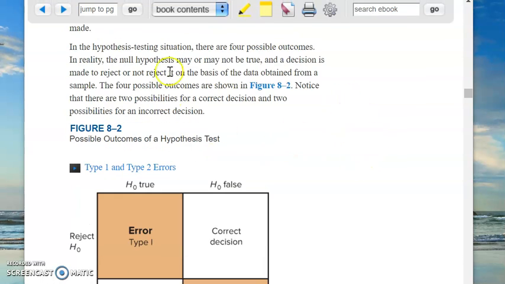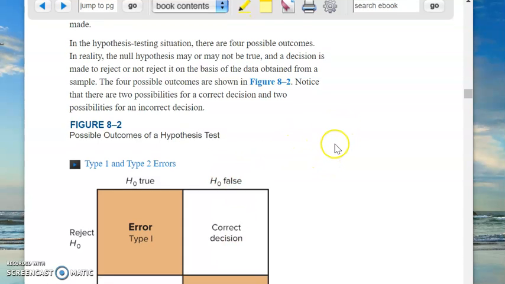Okay, so there's 4 possible outcomes. All right, so this column here is this scenario where the null hypothesis is true. The null hypothesis being that the mu of the pulse rates is equal to 82. This column here is where the null hypothesis is in fact false.